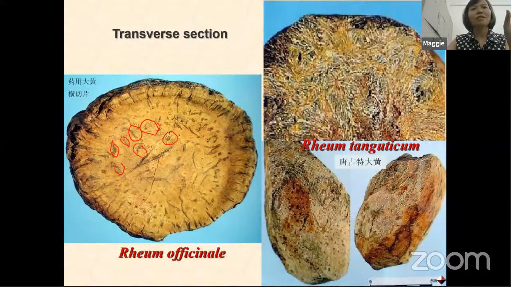So the organ is rhizome. The right picture is Rheum tanguticum. Also, we can see some star spots. So these are star spots in the piece. So these are macroscopic characters.